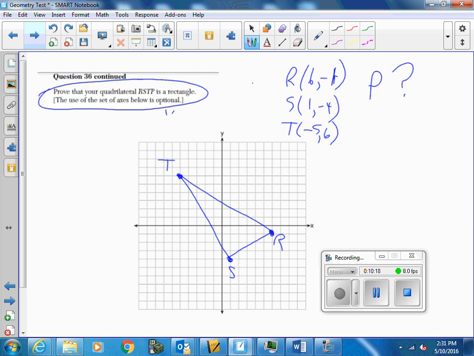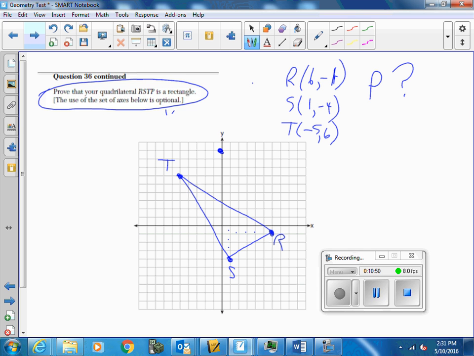So if you look at S and R, what do you have to do to get from S to R? Well, in order to get to R from S, you'd have to go up 1, 2, 3, and over 1, 2, 3, 4, 5. So if I go over to T and I go up 1, 2, 3, and over 1, 2, 3, 4, 5, I get that point right there, all right?